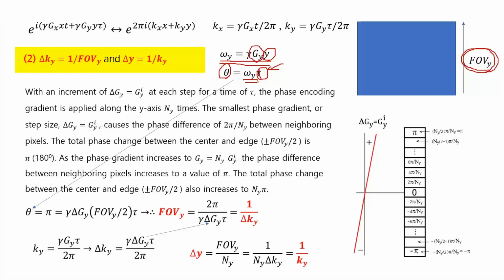So with an increment of delta Gy at each step for time tau, the phase encoding gradient is applied along the y-axis ny times.